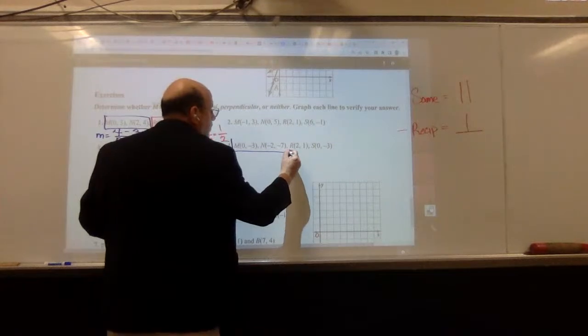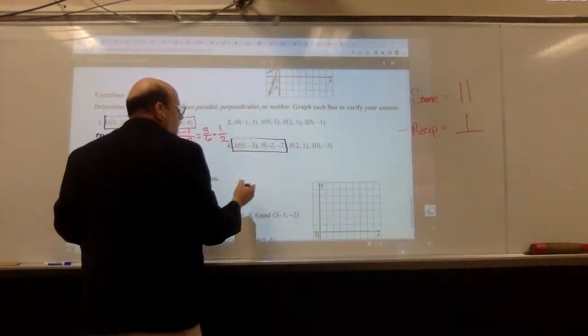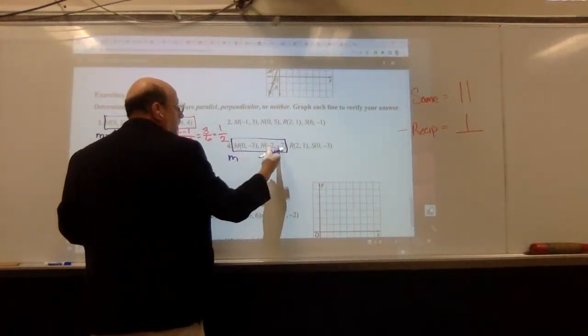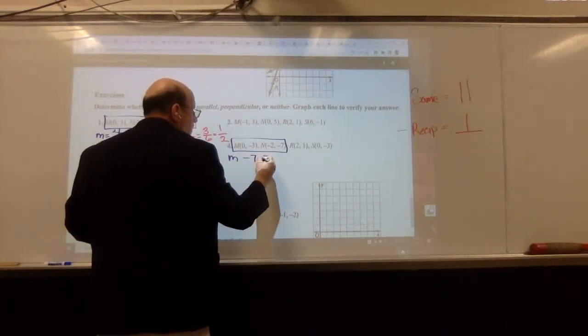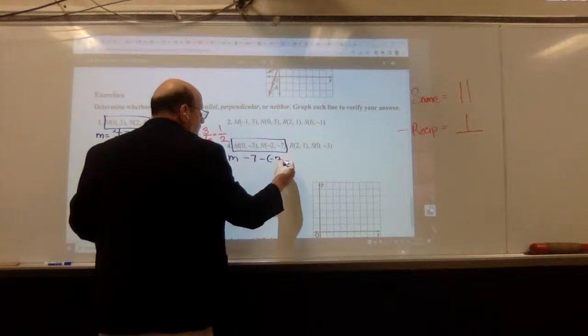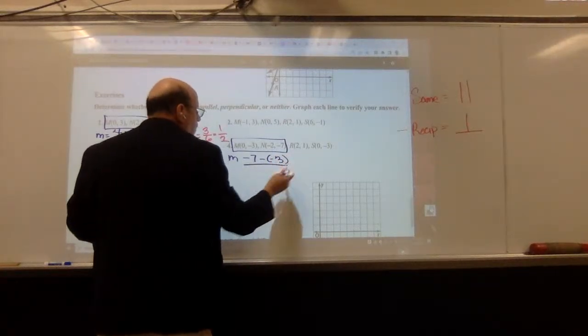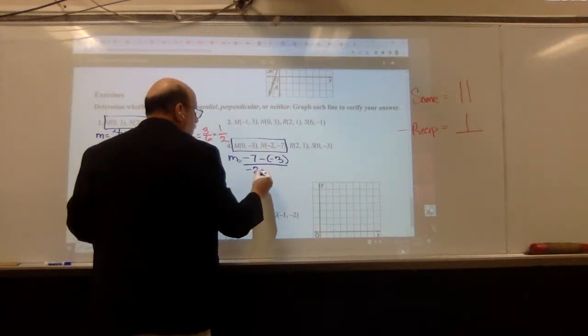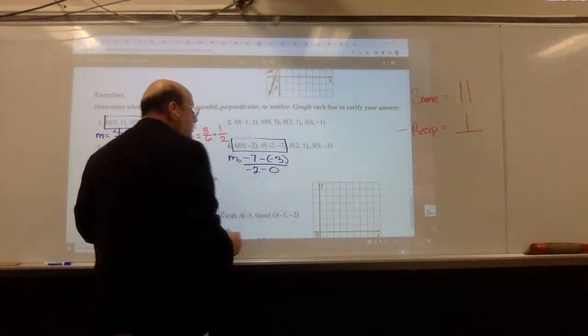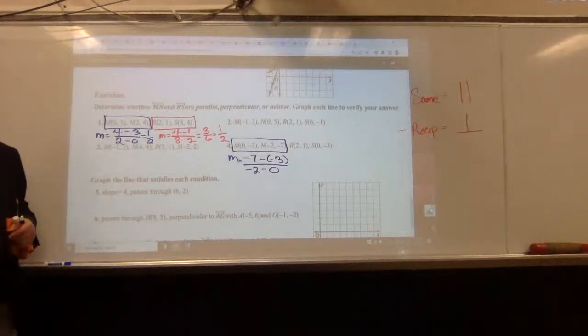Then I can erase and do the next part. Here we go. And our slope, -7 minus -3 over -2 minus 0. Cool? Sound good?